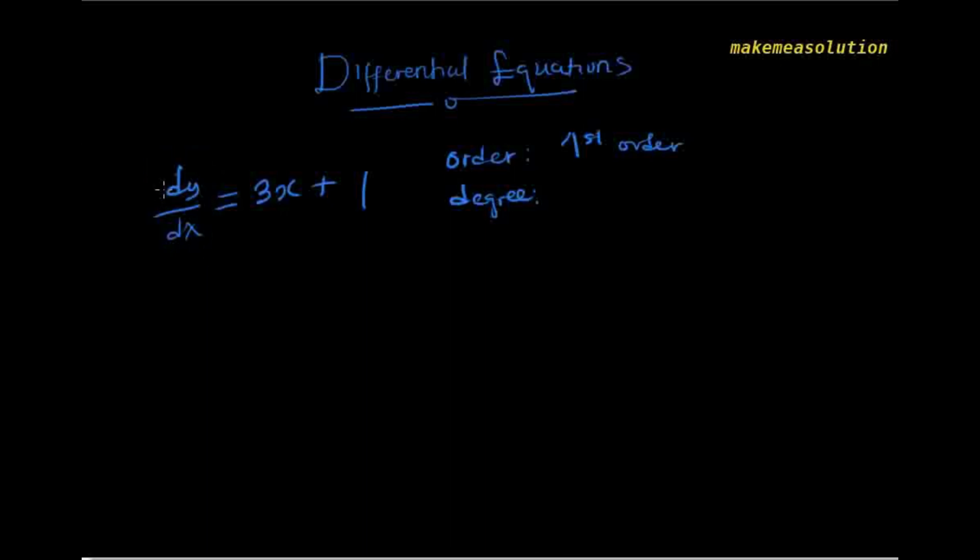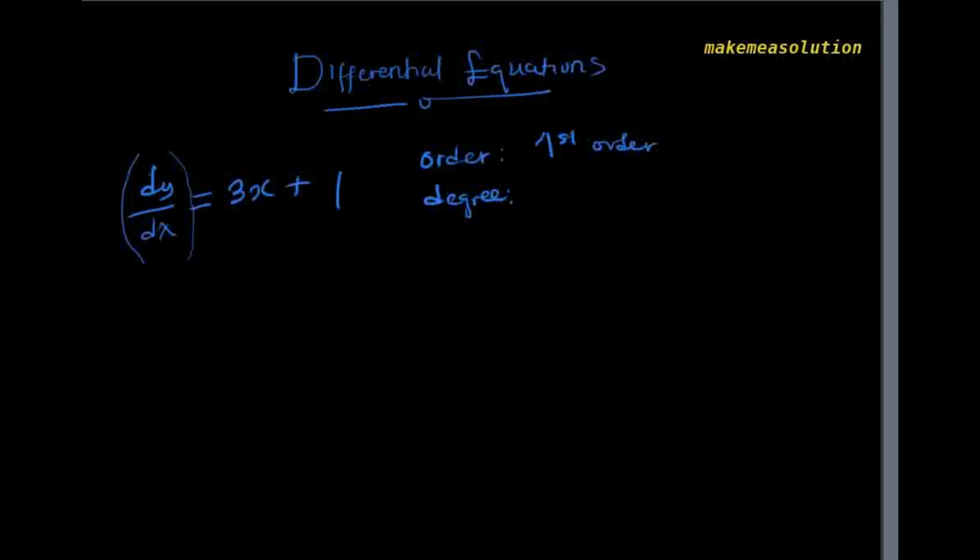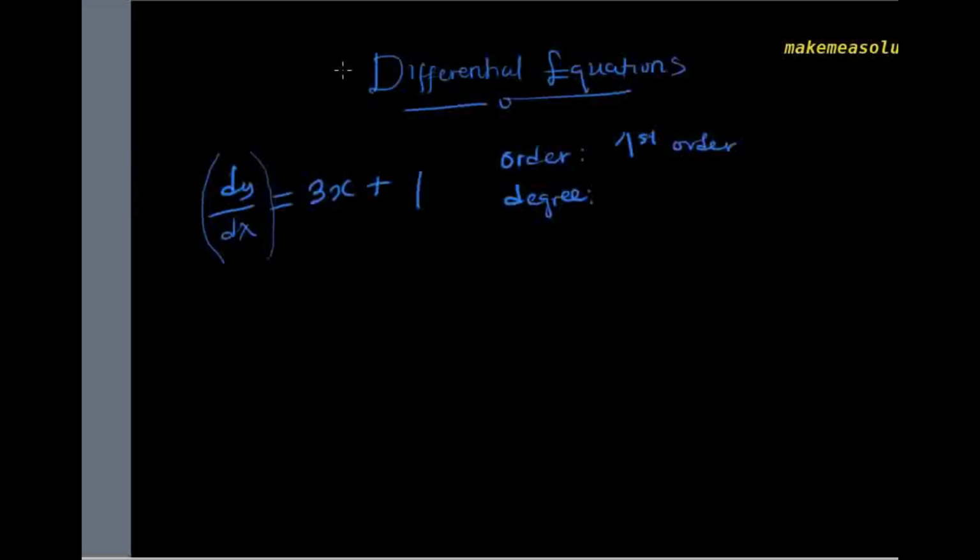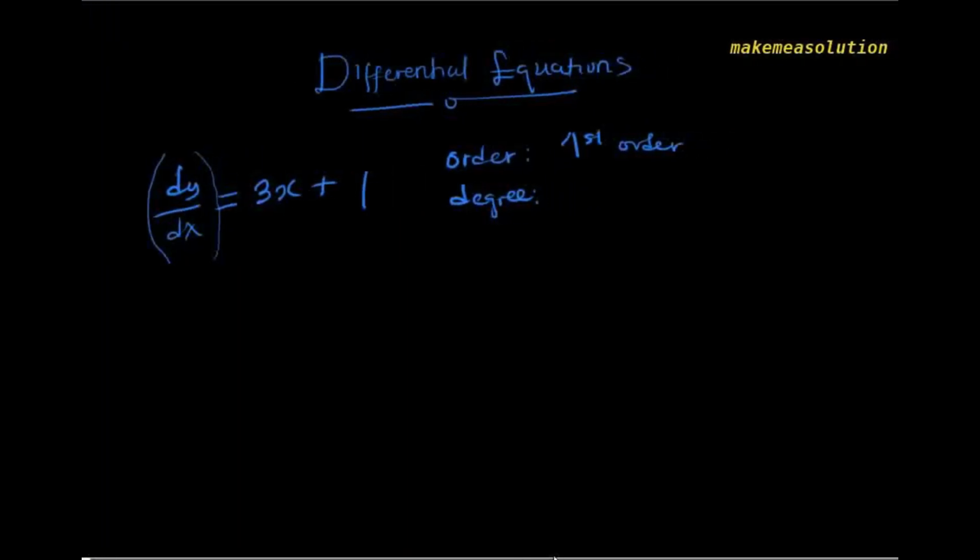Let me reverse it, and you can see that before I put those braces, there's an invisible one surrounding this whole derivative. Sorry about the shifting of screen. So this is our first order derivative, and the degree is also 1. So our first degree.